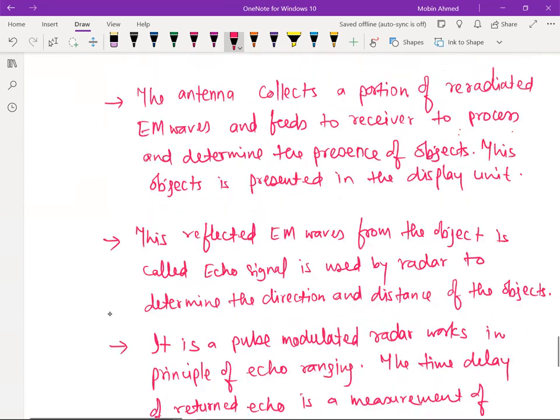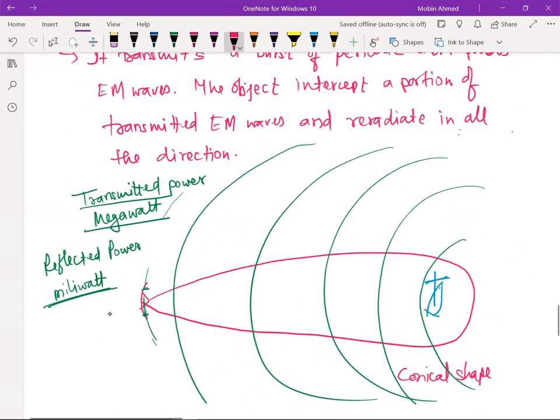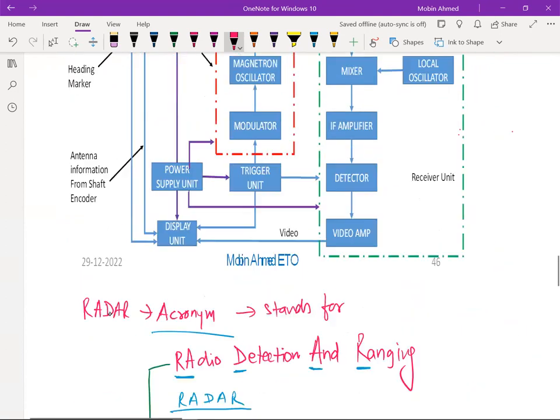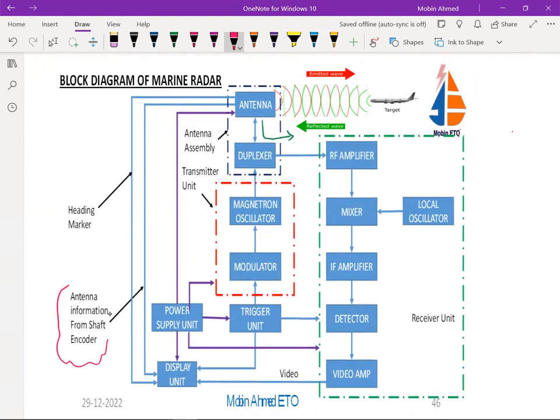So you can see here, this is what is coming. This is known as antenna information from the shaft encoder. There is a shaft encoder that is attached to the antenna, and the angular position of the antenna is coming to the display unit.